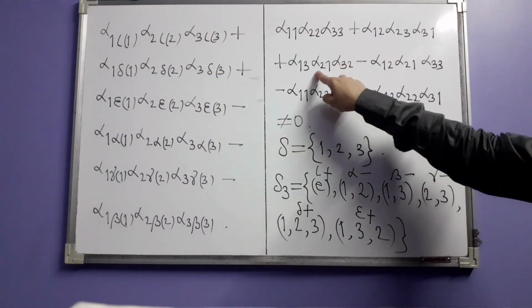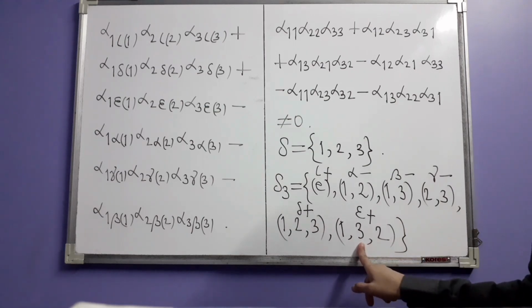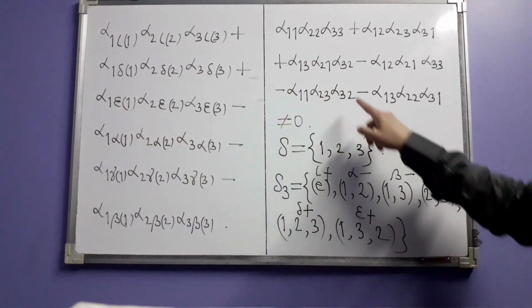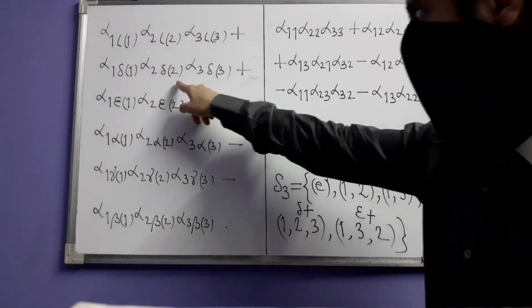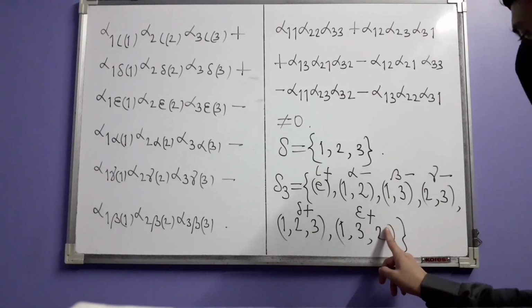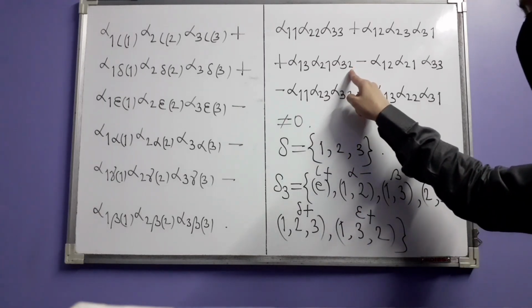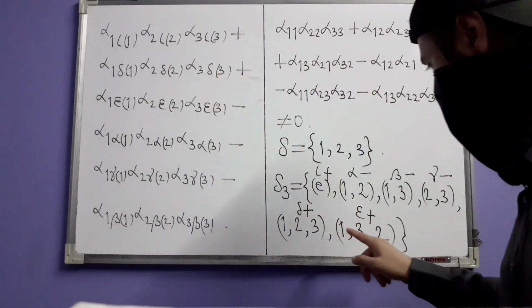What about this one, a13 a21 a32? So this 3 can be written as epsilon of 1. Next, this 1 can be written as epsilon of 2 because epsilon maps 2 to 1. And finally, this 2 can be written as epsilon of 3.